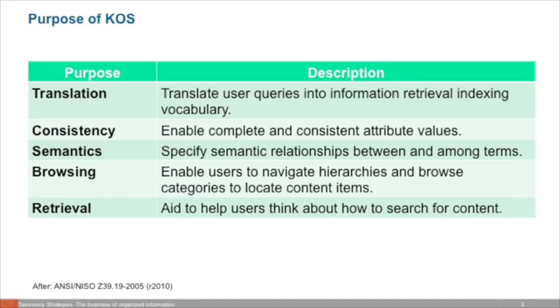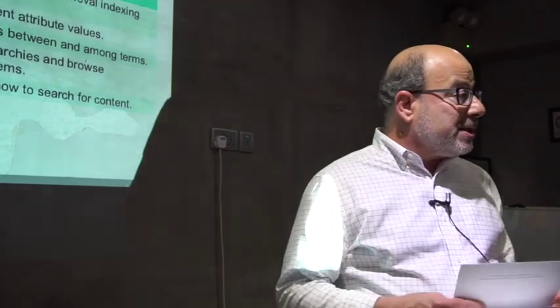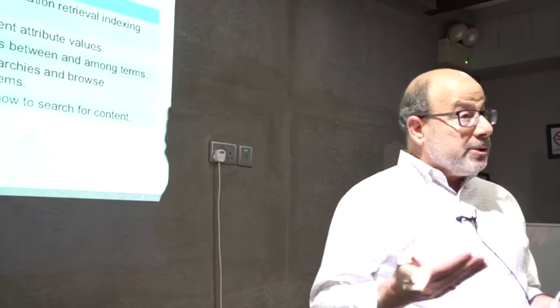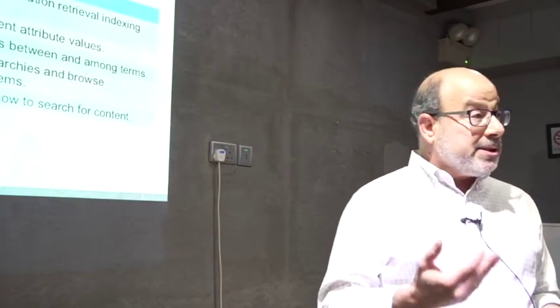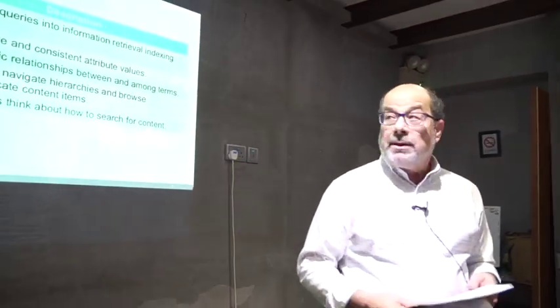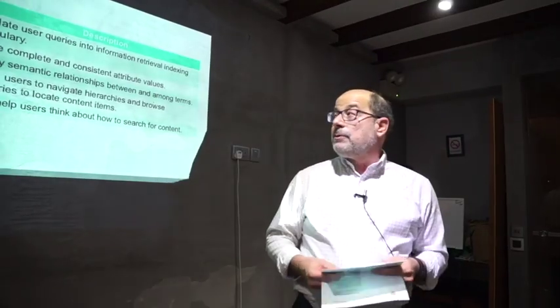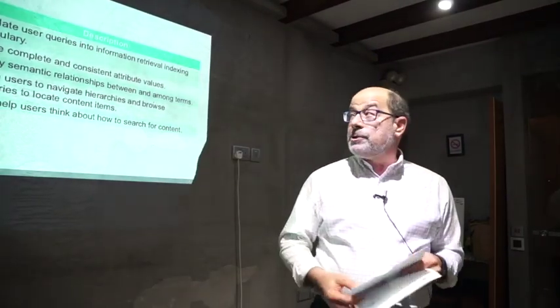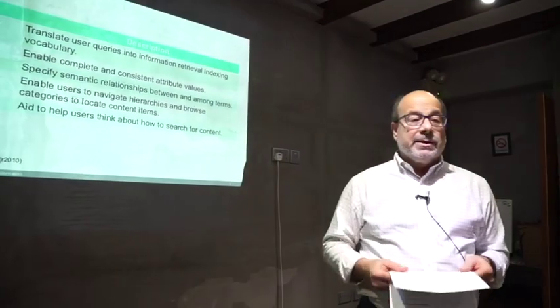So translation, so translating the language of usually people who are trying to get information into the language that exists in an application or a system. They're not always the same, and we need to make that translation. And sometimes it's a simple translation of concepts. Sometimes it's a linguistic translation from one actual language to another. It could be from a nomenclature or into a nomenclature. There are many different varieties of this.